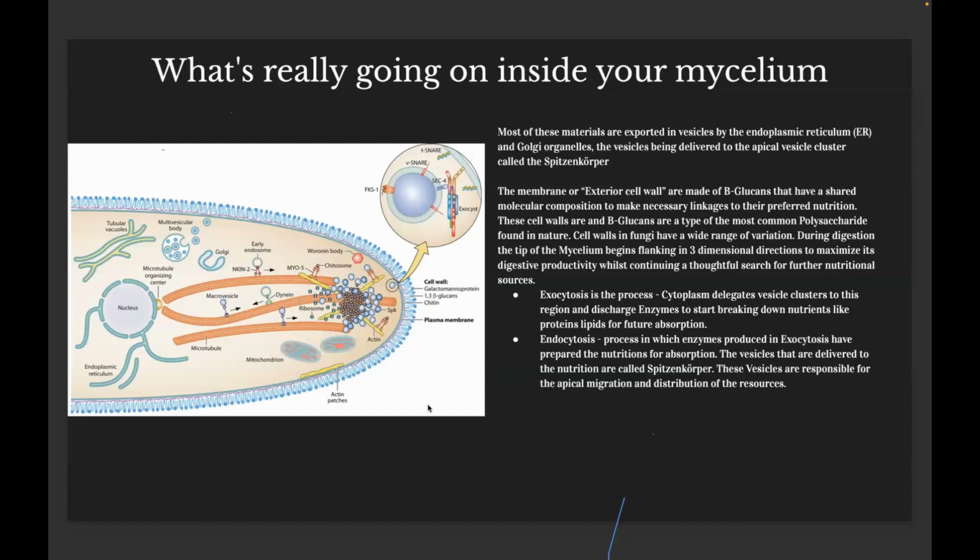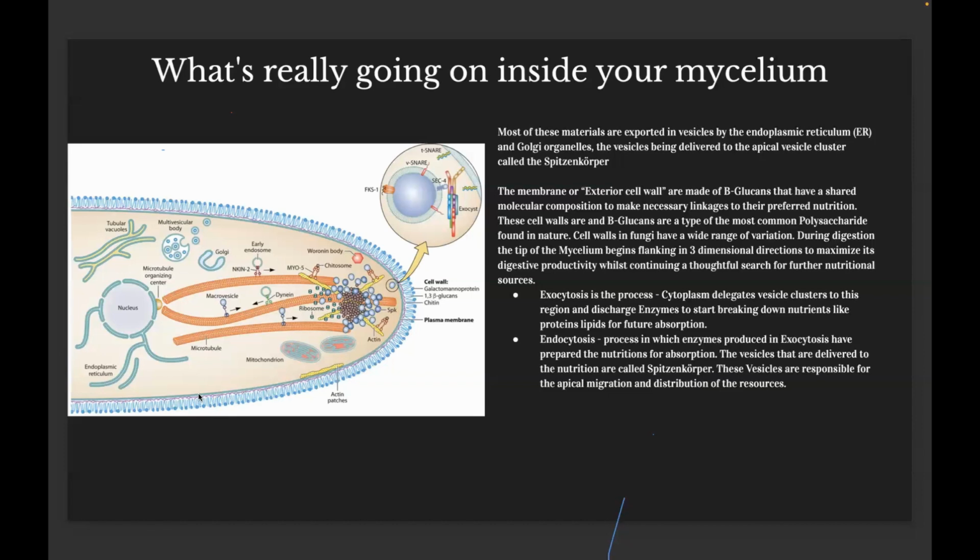So during this process of eating, we'll just say, in layman's terms, there are two processes in their digestion and eating. The first process is called exocytosis. This is where our cytoplasm, and cytoplasm, guys, just for an analogy, is like mushrooms' or mycelium's blood. It's a fluid that runs through the mycelium, moving cells in and out and throughout the mycelial body.